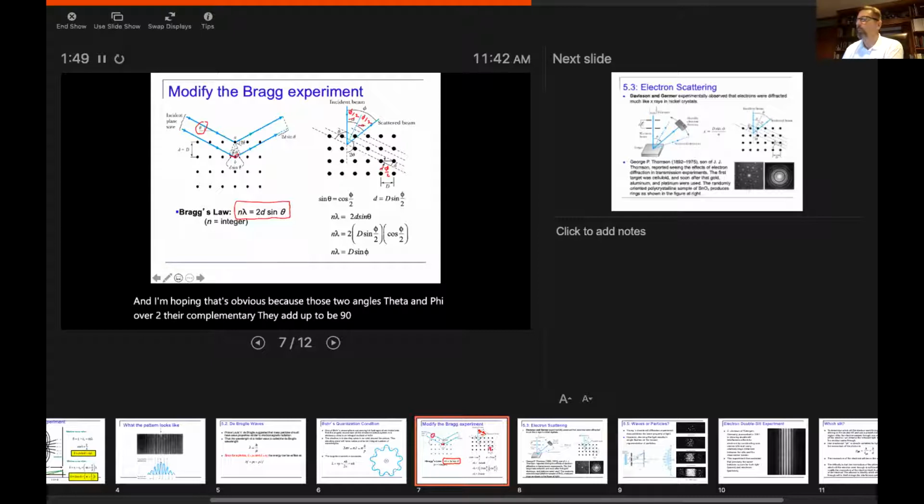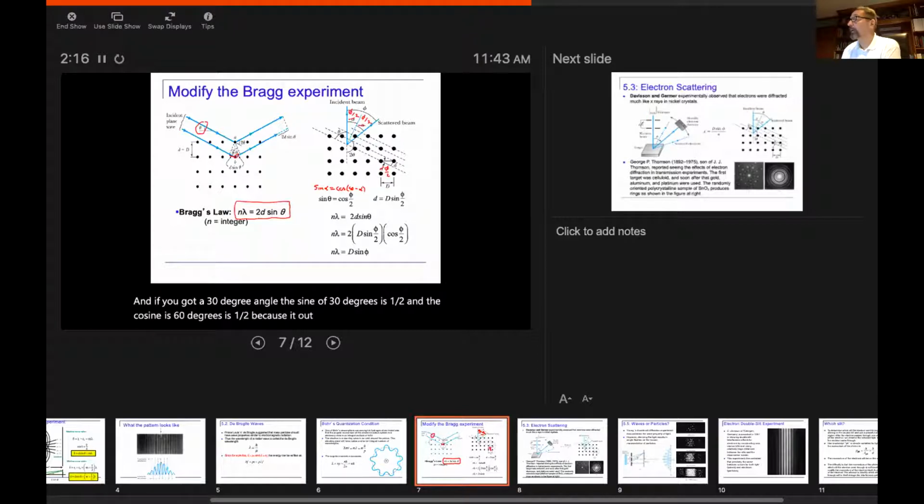Essentially what we're saying here is that the sine of any angle is equal to the cosine of 90 degrees minus that angle, right? If you've got a 30-degree angle, the sine of 30 degrees is 1/2, and the cosine of 60 degrees is 1/2 because of that rule.